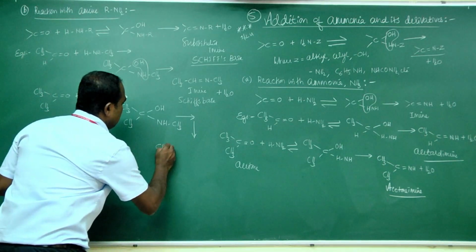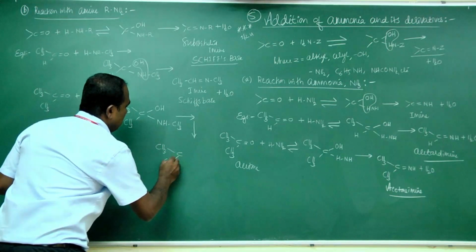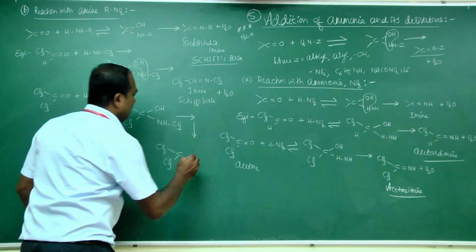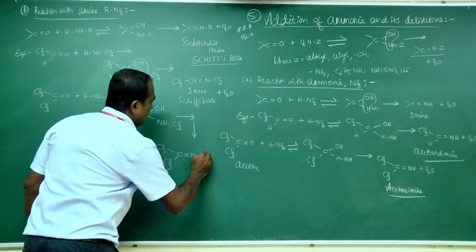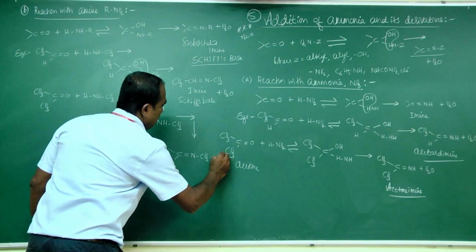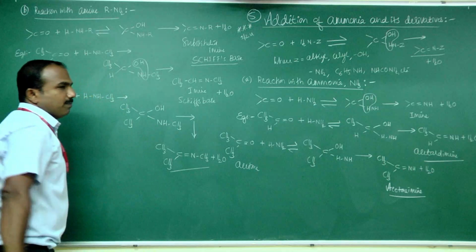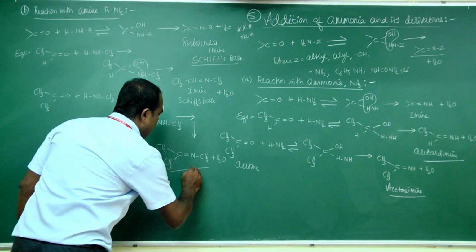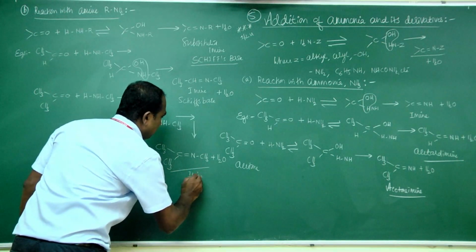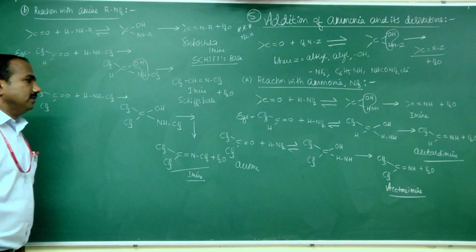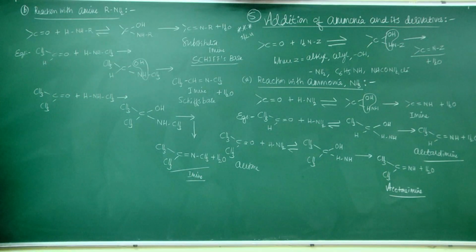The product is CH3 C CH3 double bond N connected to CH3 plus H2O. The product formed is called imine. This imine is nothing but Schiff's base. This is also Schiff's base. This is reaction with amine.